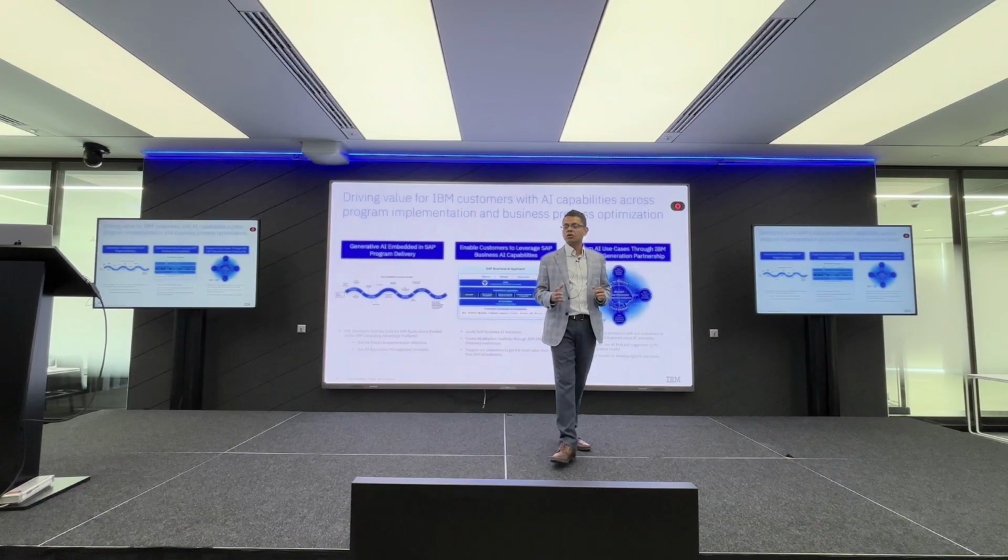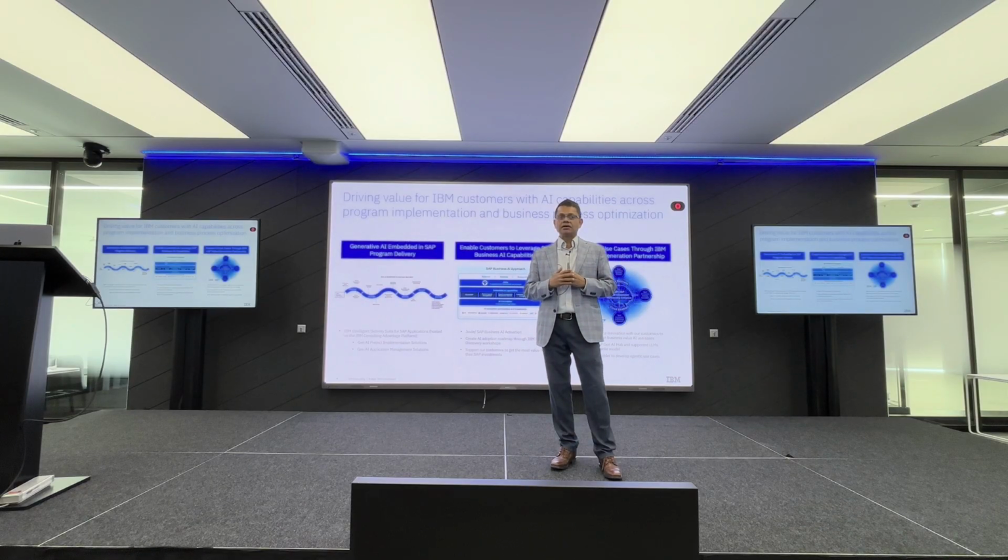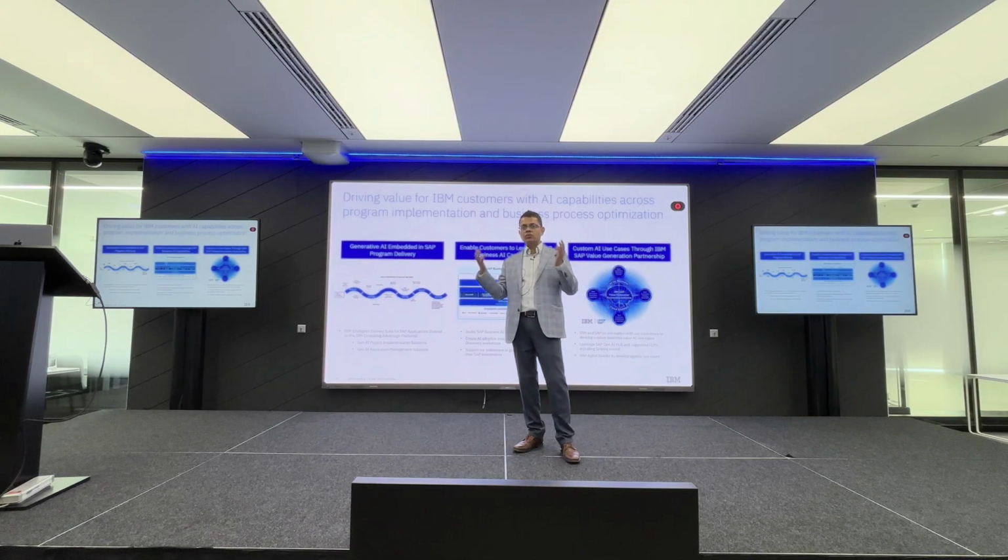So a lot of people think, oh, I'm not on S/4, I can't do AI. No, you can. You don't have to be. You can just switch it on in your Ariba and SuccessFactors today. The most useful one being Joule, which is pretty much out of the box, plus a lot more on top of it. And then IBM has built a few custom AI projects where we can bring in a custom AI to you, plug it into your landscape, and you start seeing value.